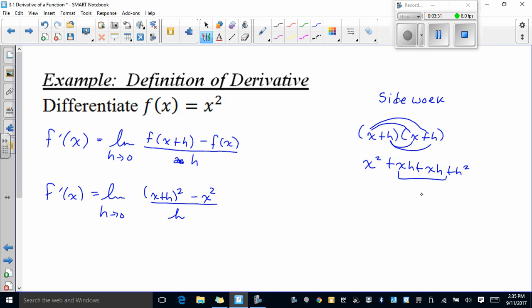If you do enough of these problems that have x squared in them, you'll get used to what the value is. So now we have x squared plus 2xh plus h squared minus x squared, all over h. Anything that doesn't have an h on it should cancel out, which is a good check. Here we have a positive and negative x squared, and everything else has an h left on it.